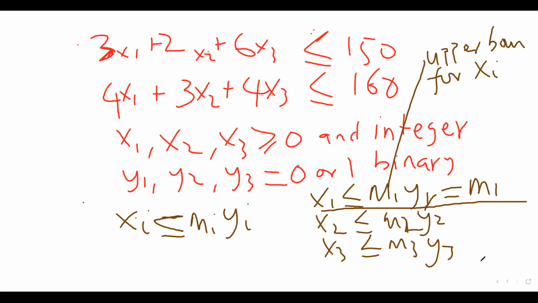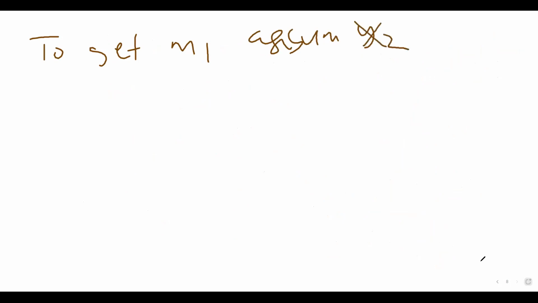In order to get M1, and I'm going to write this here, assume that X2 and then X3 are 0. Because I'm going to get M1, it means that I'm going to get X1 its highest value.